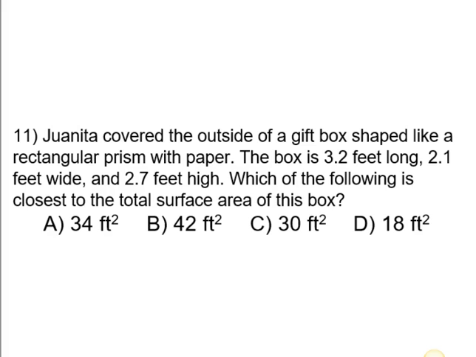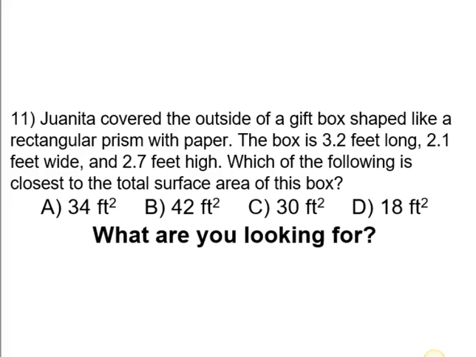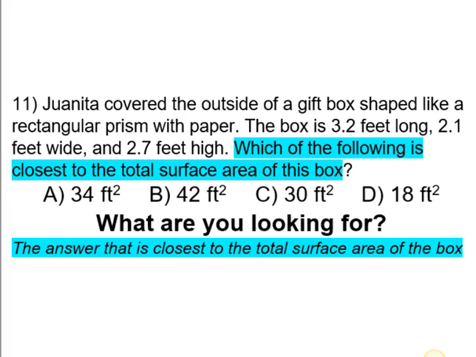A, 34 feet squared, B, 42 feet squared, C, 30 feet squared, D, 18 feet squared. What are we looking for? We are looking for the answer that is closest to the total surface area of the gift box.